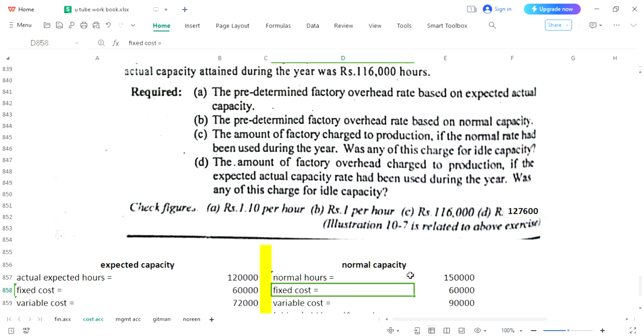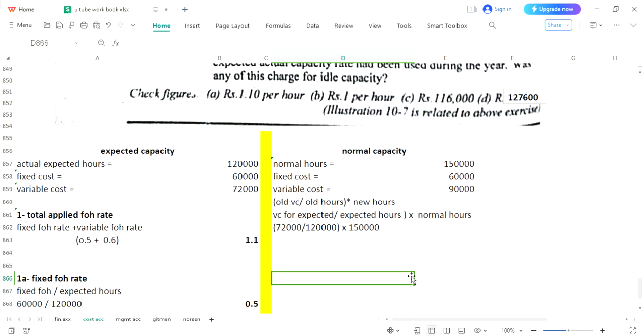So again we will be calculating. As it is the B requirement, we are going to calculate the total applied FH rate but based on normal capacity. This was the total applied FH rate based on expected capacity. How would you calculate? There are two parts.